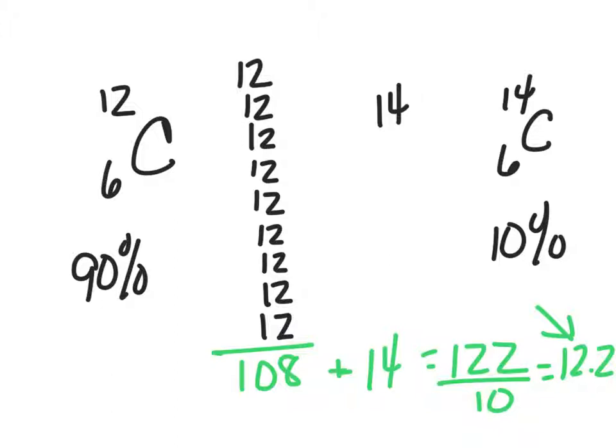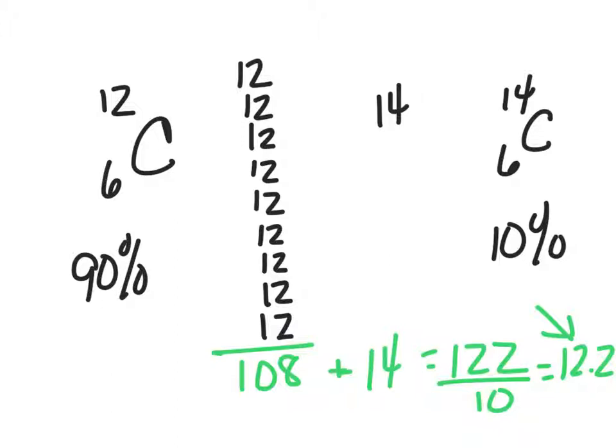Now, this is not the most accurate way to do this because we can't necessarily count and divide by 10. So we do have a way of calculating what we call average isotopic mass, and we'll get to that in another video. However, I wanted you to see that the average that is on the periodic table is an average of all of the masses of all of the carbons, or whatever element you're talking about, in the universe.